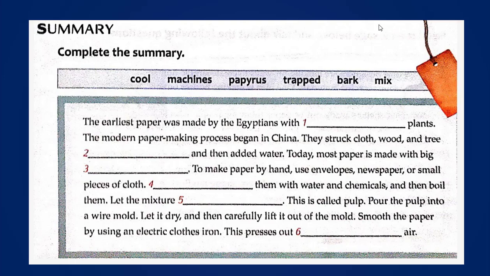Tree bark, okay. So number 2, the word bark, and number 3, machine, okay. And number 4, mix, okay, mix them with water and chemicals and then boil them. And number 5, the word cool, okay, let the mixture cool. And the last one, number 6, the word trapped.